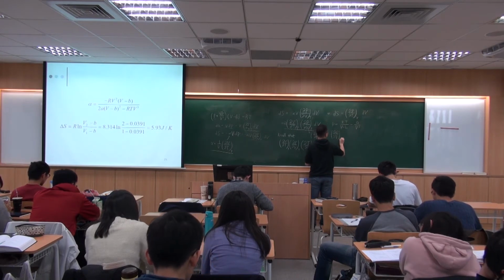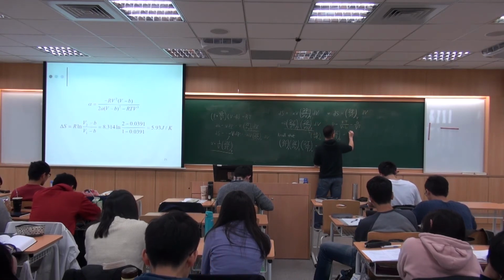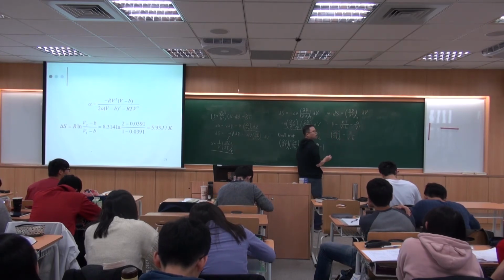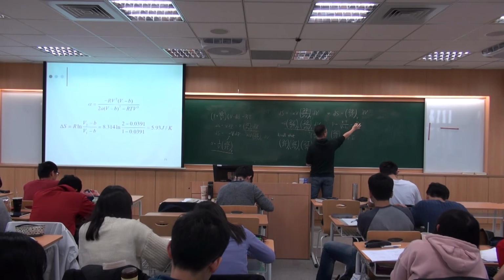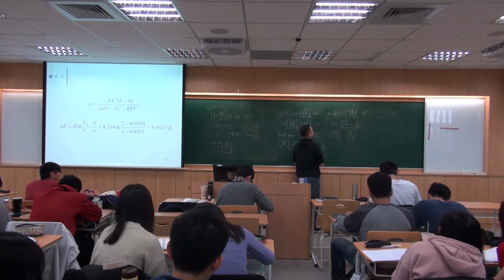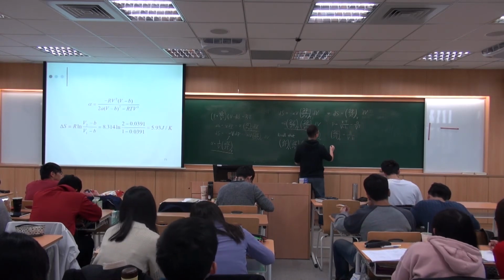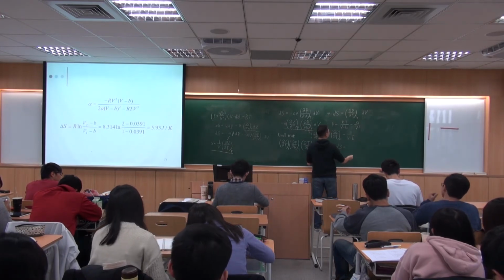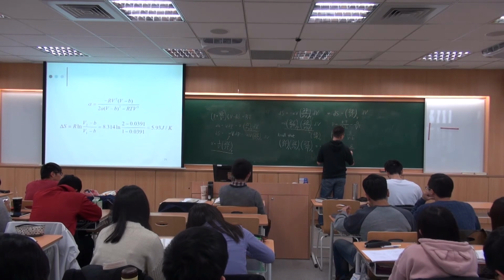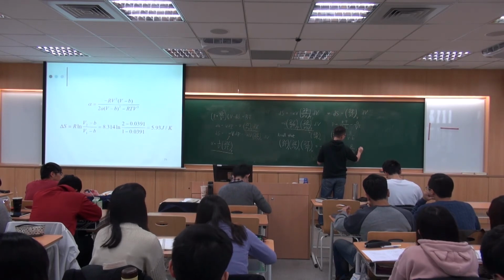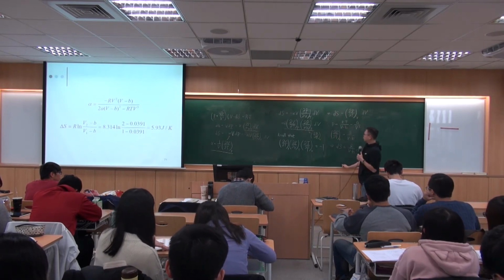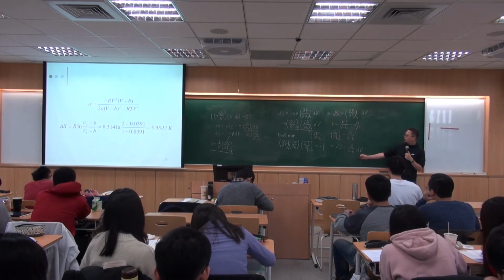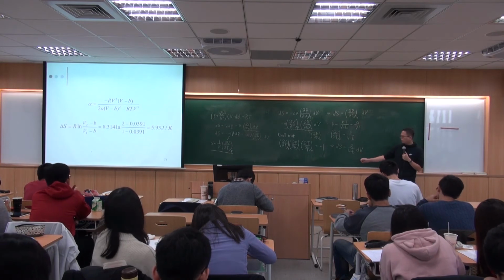Therefore, this is simply R over V minus B. Right, because this term is a constant, so just eliminate that term. So eventually you'll have this expression. And therefore, this is much easier to calculate.